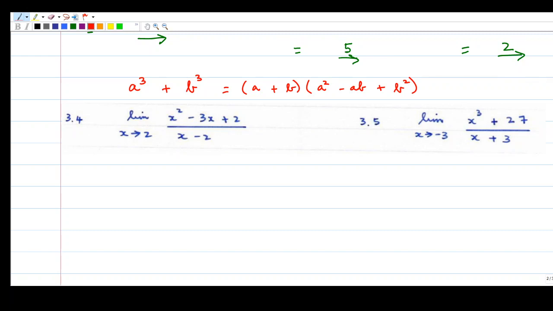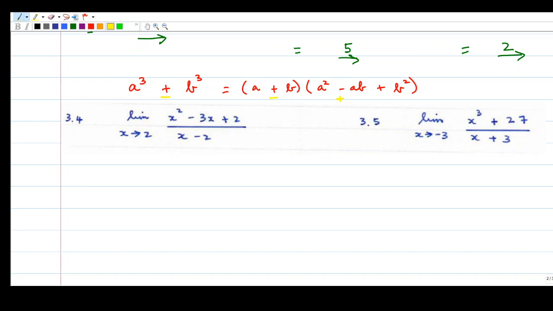So if you had, say, the difference of two cubes, in other words, a cubed minus b cubed, then that will equal a minus b into a squared plus ab plus b squared, right?